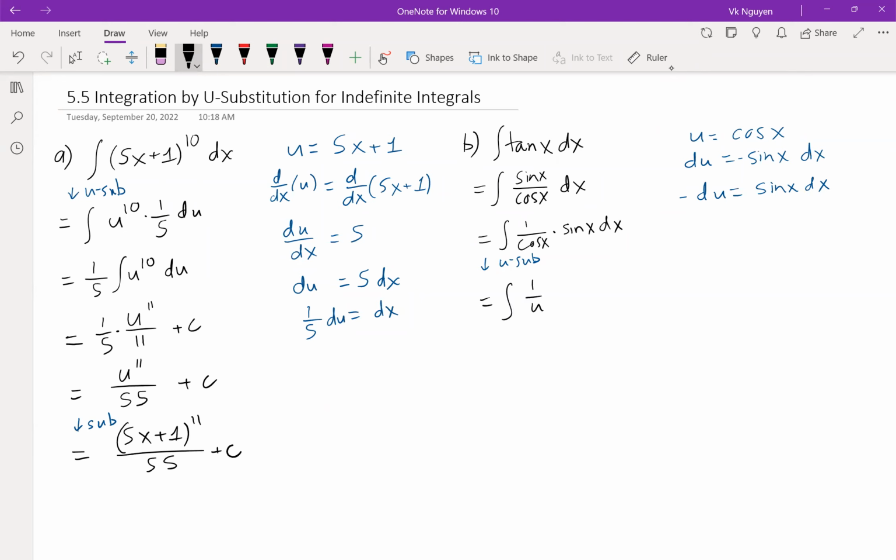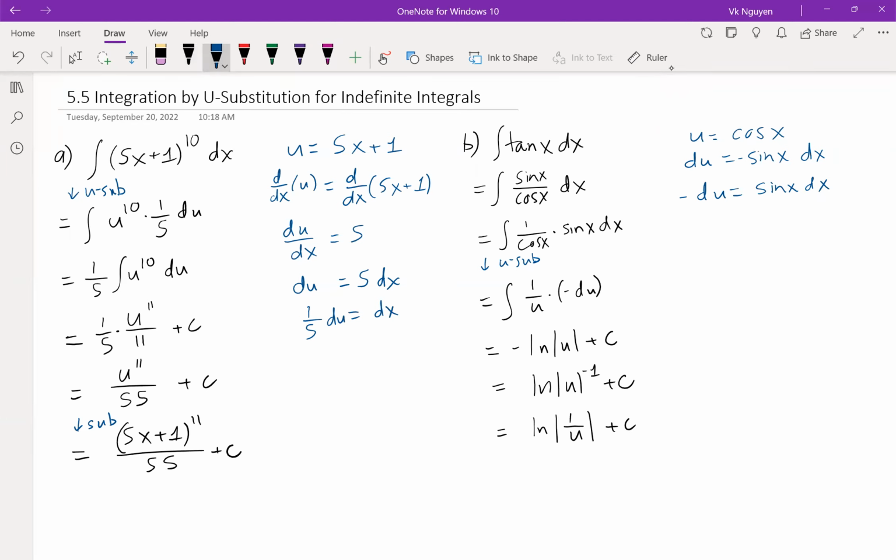Integral 1 over u multiplied to negative du. So this would be negative ln absolute value of u plus c. And this becomes ln absolute value of u to the power negative 1 plus c. We can take the power negative 1 inside the absolute value. And that will give us ln absolute value 1 over u plus c.